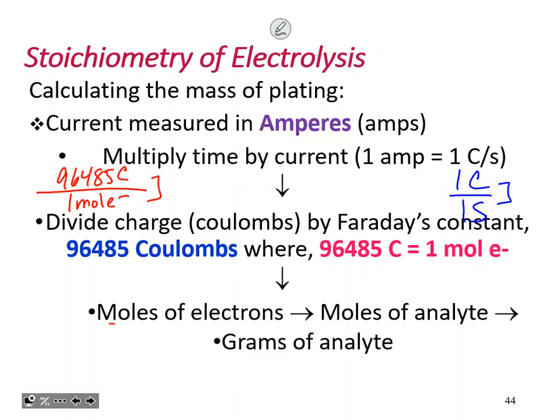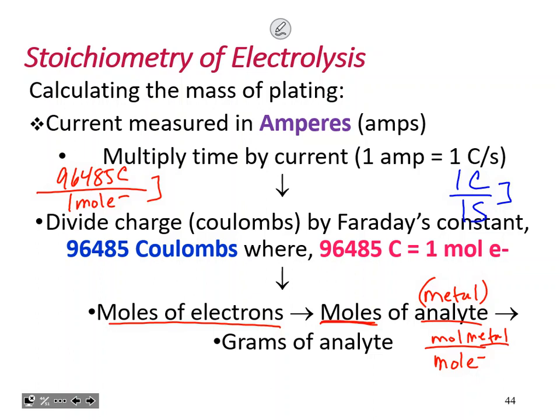Because the moles of electrons are going to be equivalent to a certain moles of the analyte, and really what we're talking about here is the metal, because that's what we're trying to plate is a metal. Once you can do moles, it'll be something like moles of electrons to moles of whatever metal.